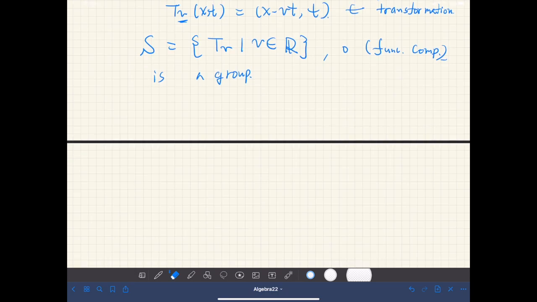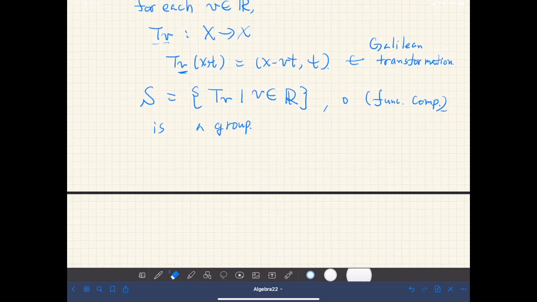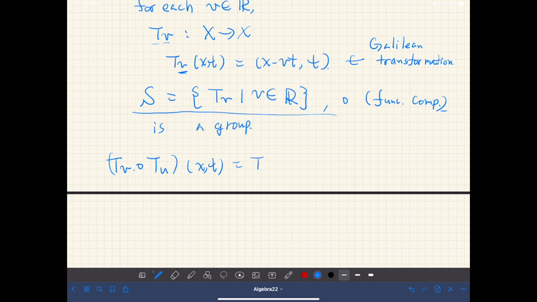Okay. So to see that this is indeed a group, you need to show that the set is closed under function composition. So let's say we have T_v and T_u. So this is a transformation. Let's say (x, t). By the definition of function composition, we have this.